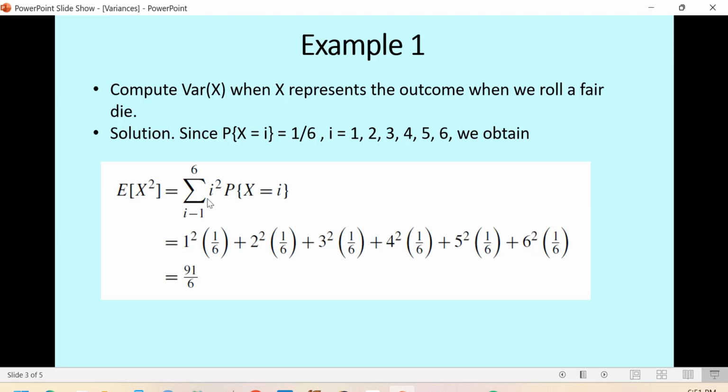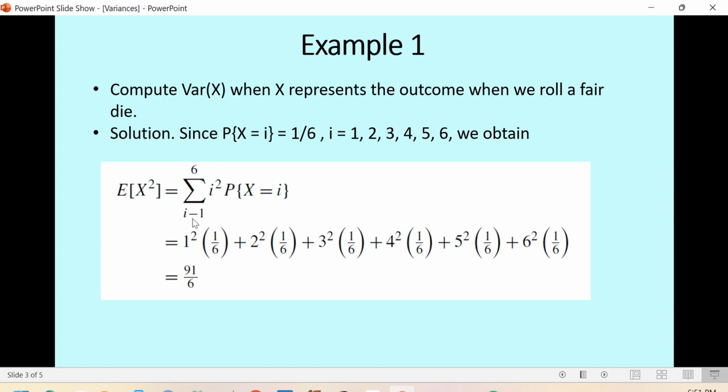Here we represent X with i, where i is X's value, so it is i squared times the probability of X equals i, summed over all available values of i.